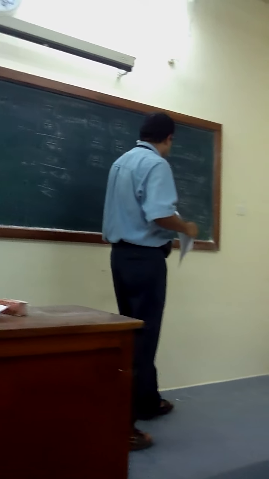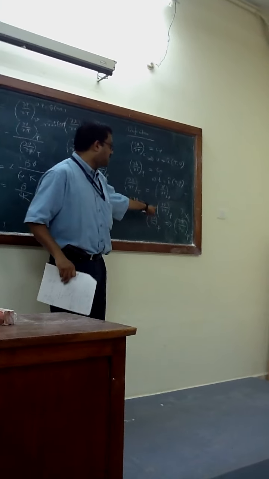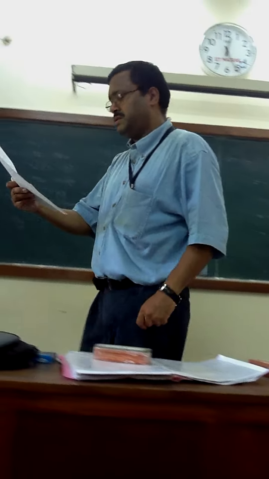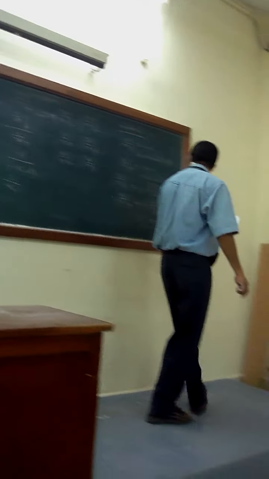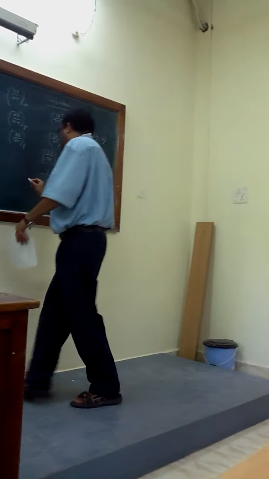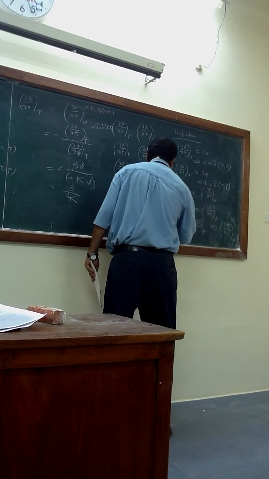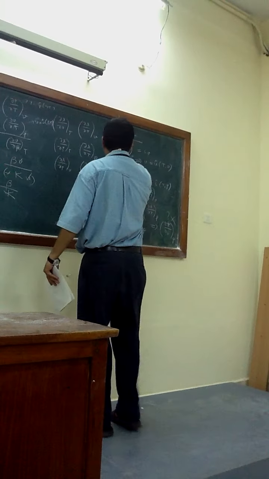Similarly, for ∂S/∂P at fixed T, we see ∂V/∂T at fixed P, and this is nothing but βV. Correct? Minus βV. So I can say that ∂S/∂P at fixed T equals minus βV. So we got 4 definitions.